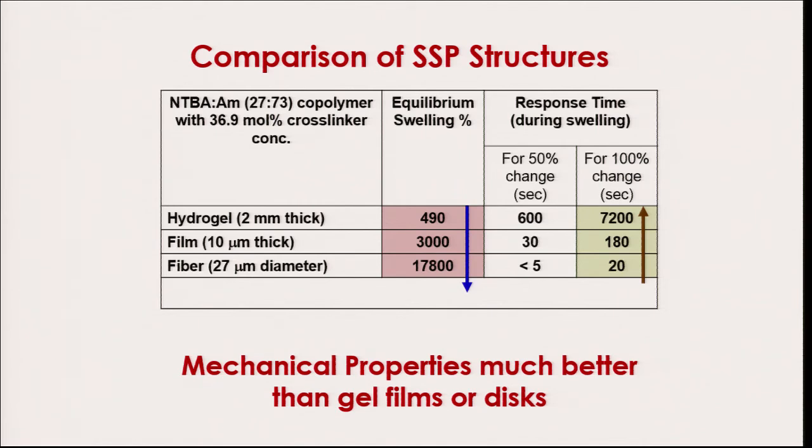And if I look at the time it would take for 50% change, the fiber takes less than 5 seconds. The film of 10 micron takes about 30 seconds, and the disc takes 600 seconds.